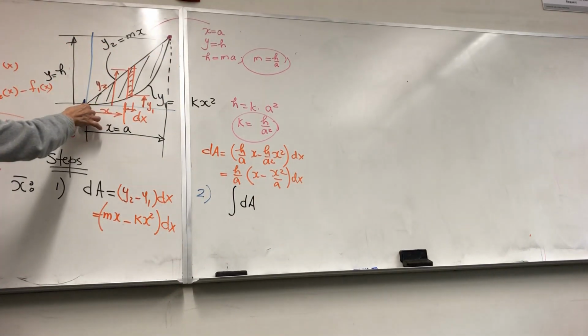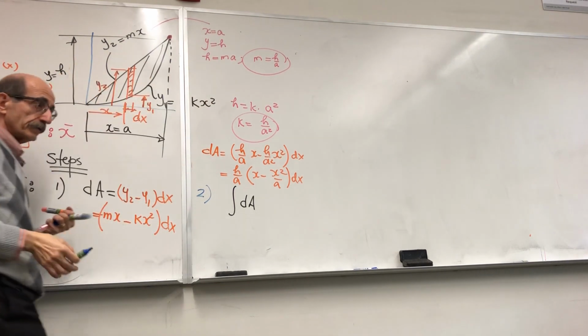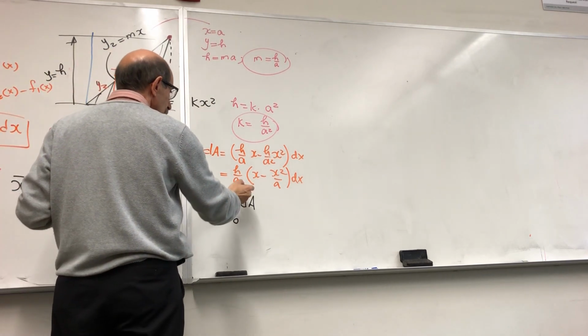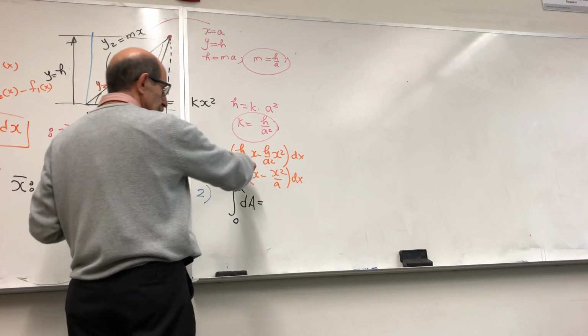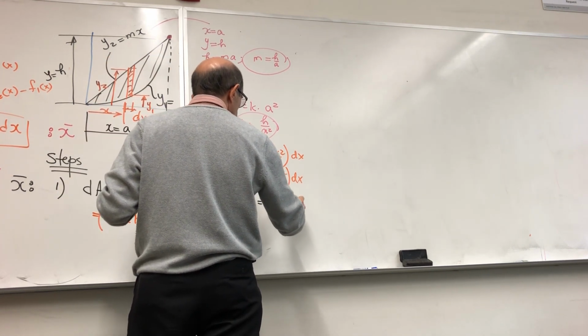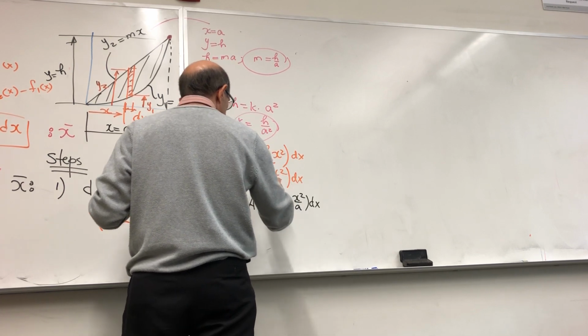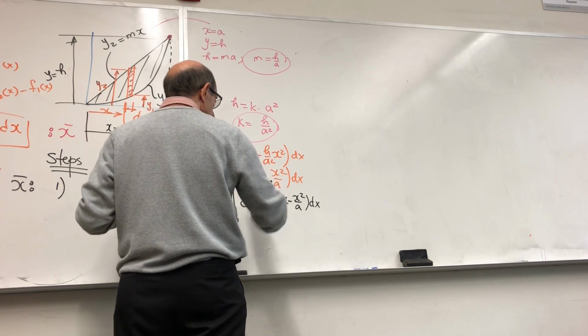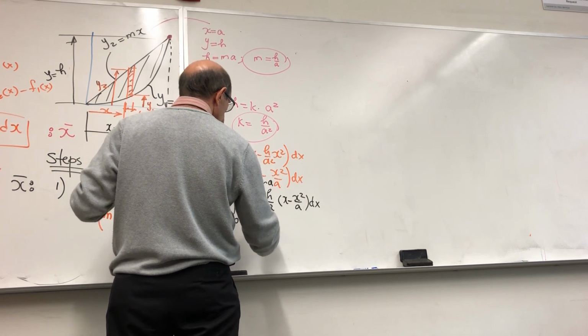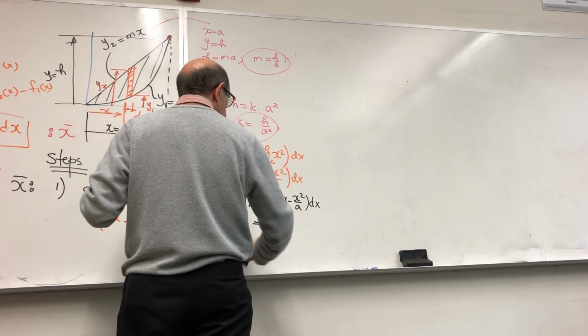dA sweeps the entire area, which means x goes from 0 to a. So you substitute these values: h over a times x minus x squared over a dx, the integral from 0 to a. h over a comes out of the integral.